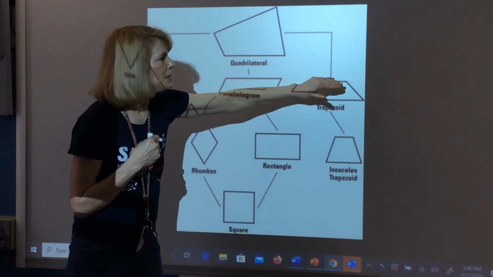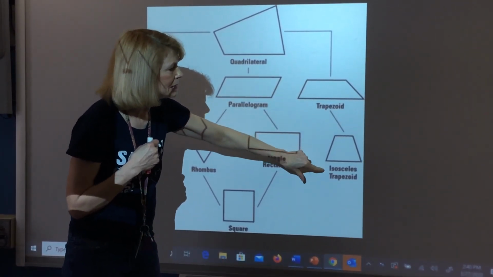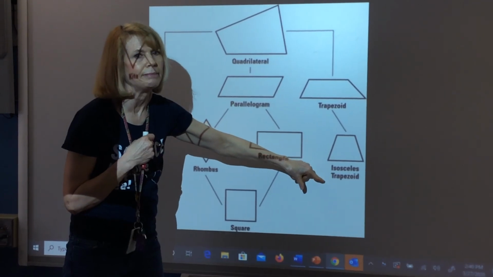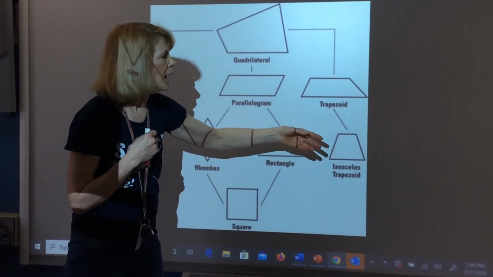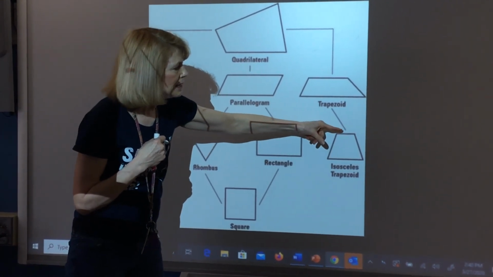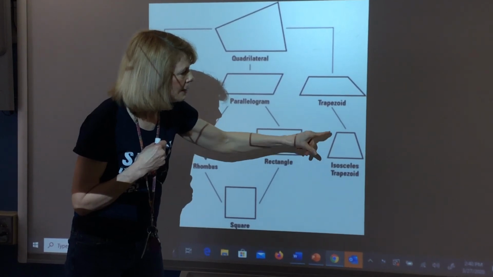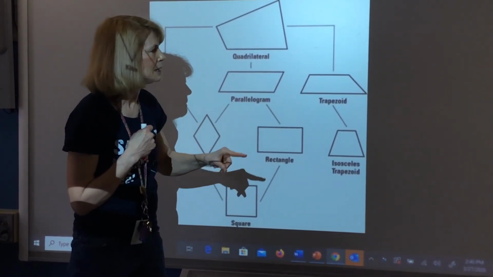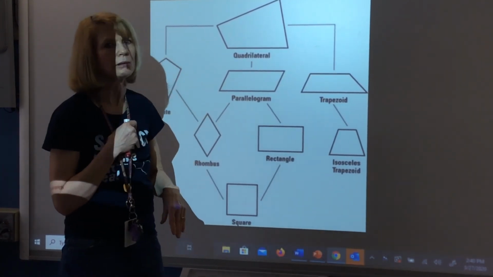Trapezoids, the sides can be the same. If the slanted sides are the same, it's called an isosceles trapezoid, kind of like an isosceles triangle. But you can see the isosceles trapezoid has 2 sides that are parallel, and then these 2 sides are the same length. So trapezoid, 2 sides parallel, 2 sides not parallel.